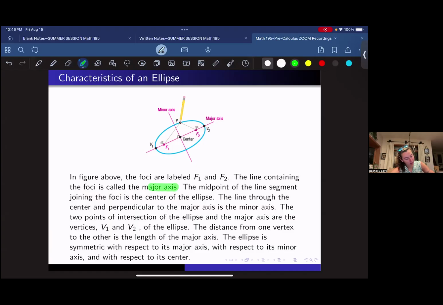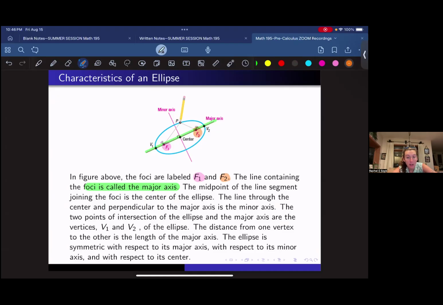So we have our major axis here, and I'll highlight our major axis over here accordingly. And then I can even color code our F1 and F2. Our F1 is right over here in light pink. And then our F2 is over here in orange.